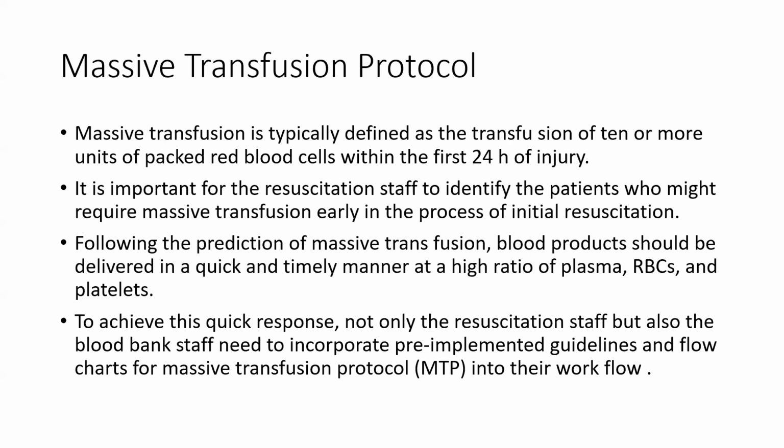Following the prediction of massive transfusion, blood product should be delivered in a quick and timely manner at a high ratio of plasma, RBC, and platelet. To achieve this quick response, not only the resuscitation staff but also blood bank staff need to incorporate pre-implemented guidelines in the flow chart for massive transfusion protocol into their work.